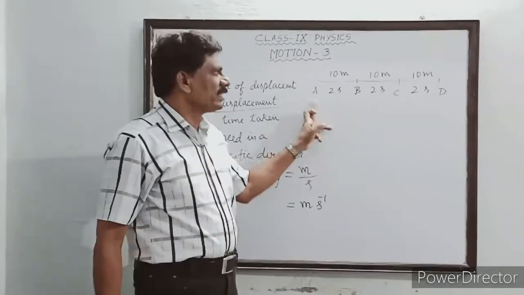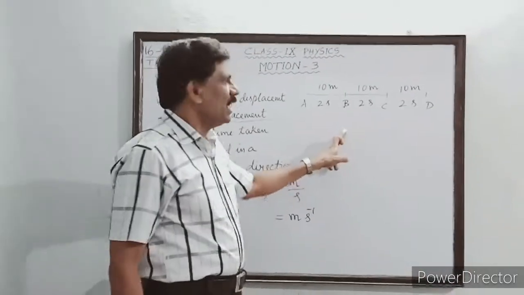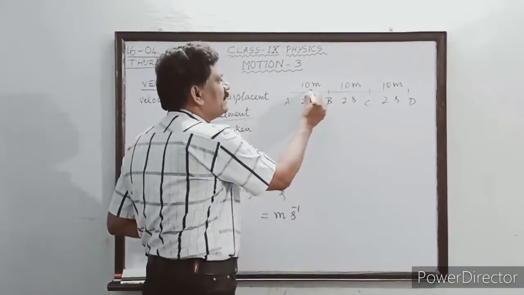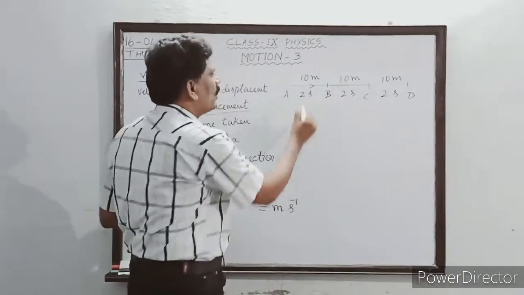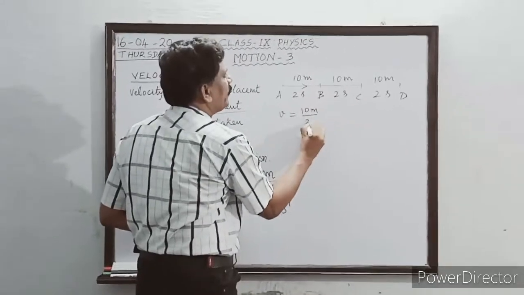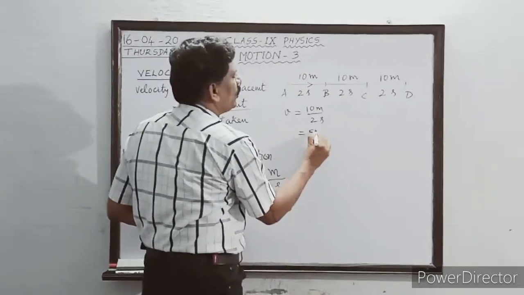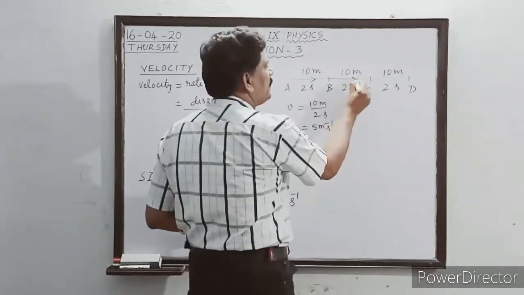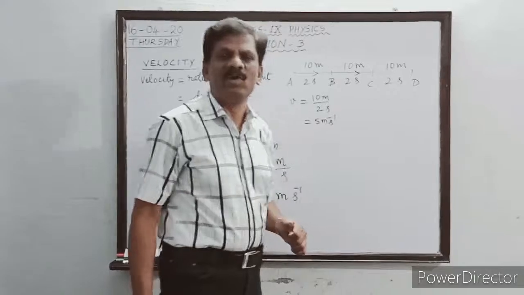Now you look at the points A and B. The displacement of the body is 10 meters and the direction is A to B. So what should be the velocity of the body here? 10 meters divided by 2 seconds, that is equal to what? 5 meters per second. From B to C, what is the displacement of the body?